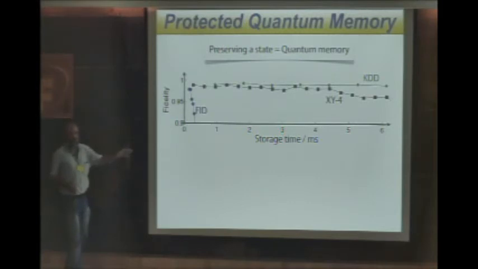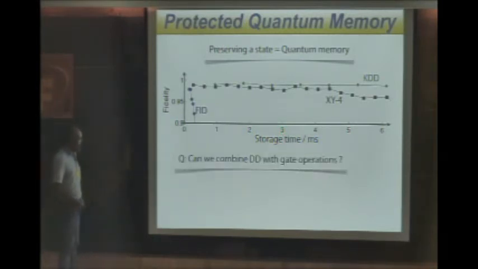Now, what we would like to do is, of course, not only quantum memories, we would like to do quantum computing. And for that, you have to apply gate operations, and there comes a problem. The dynamical decoupling is designed to eliminate interactions with the environment. But the gate operations are controlled by external fields, so that's also a type of environment.